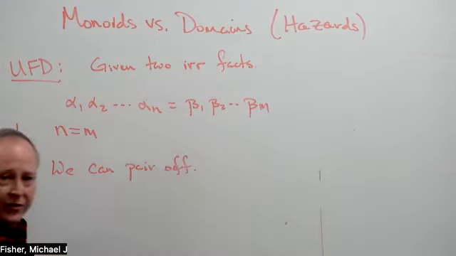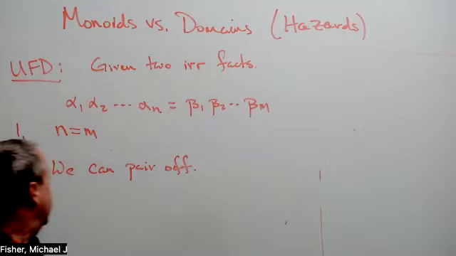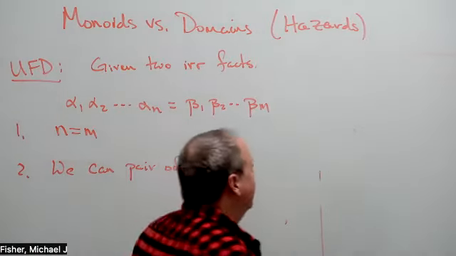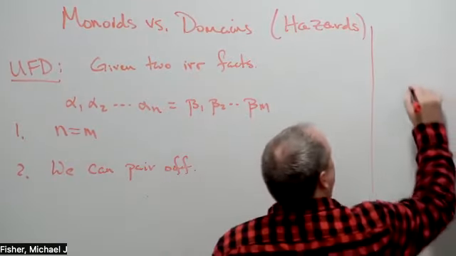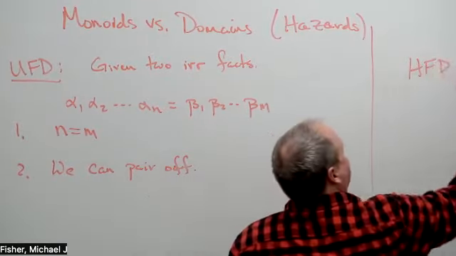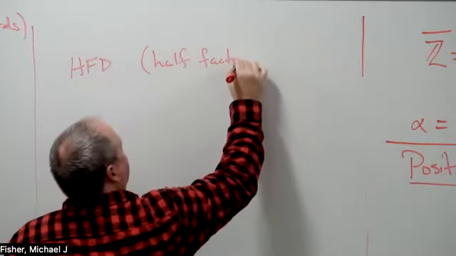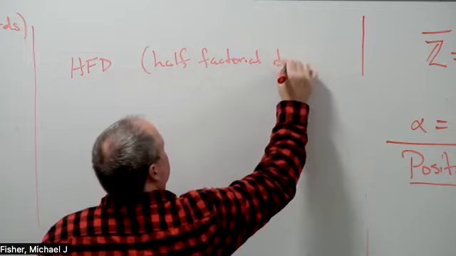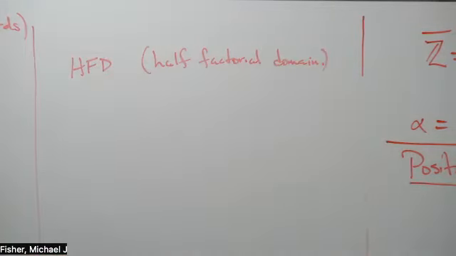Alpha 2 and beta 2 are essentially the same, and so forth, right? That's what it means to be a UFD. So unfortunately, people in commutative algebra have a bad sense of humor. There's also the notion of half factorial domain.